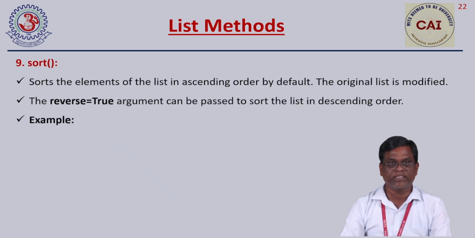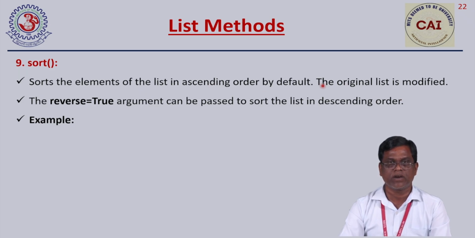The next important method is the sort method. If you want to sort the elements in the list, in either ascending or descending order, then I can use this sort method. By default it will sort your elements in ascending order, and the original list will be modified.